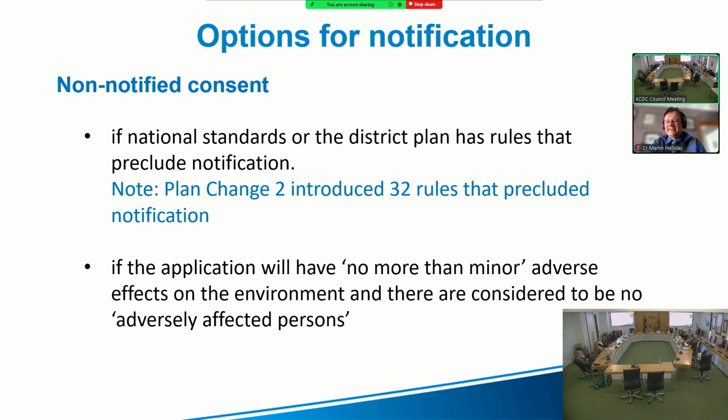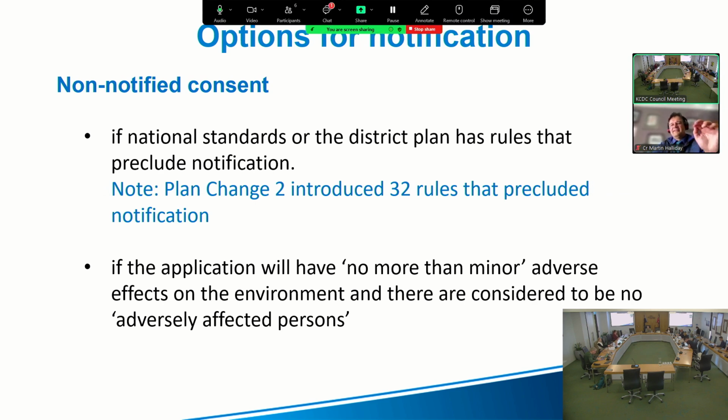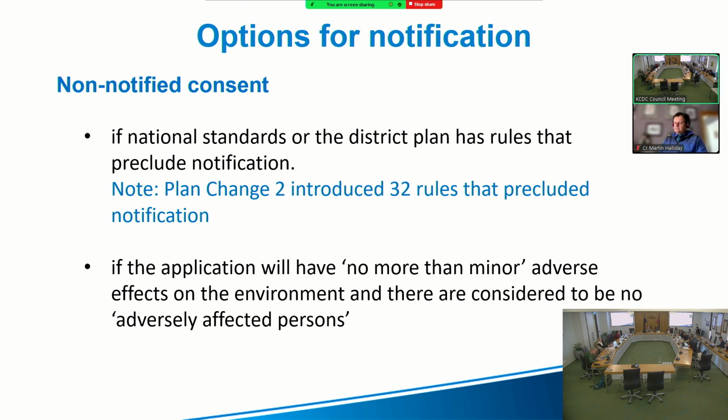So like I said in the beginning, when we look at the notification decision as a whole, the intention of the RMA is really for people of the land to be able to use it without asking permission to use it, right? And very often in district plans and in national standards, you would find that there are requirements about what shouldn't be notified, right?